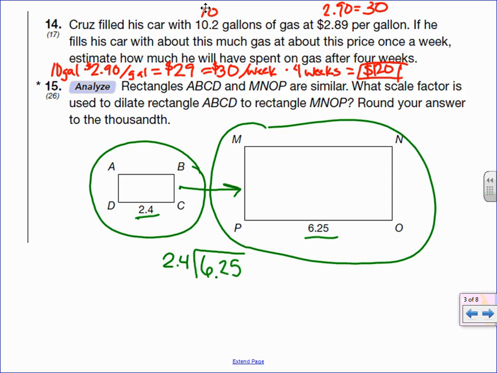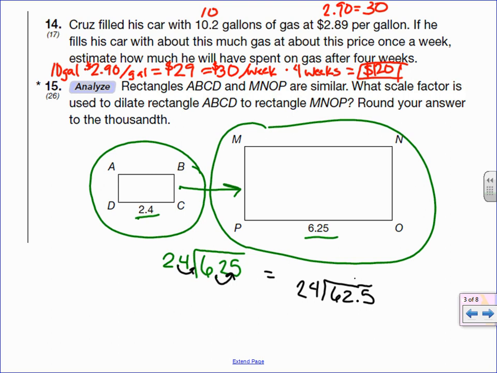So, since I'm dividing by a decimal, I need to move it so that it's no longer a decimal. And however many places I move that one, I need to move the inside one. So now my problem becomes 24 on the outside, and then 625, or 62.5 on the inside.